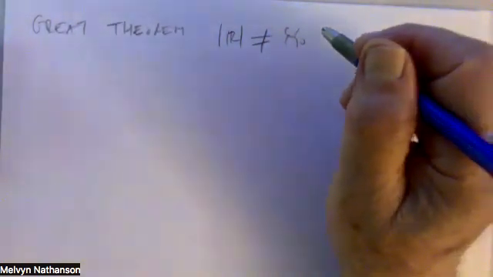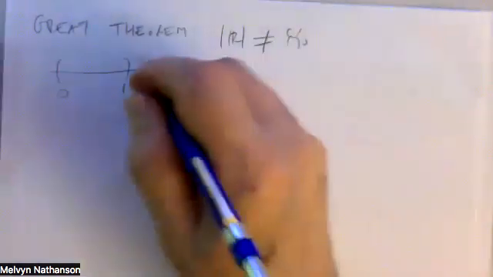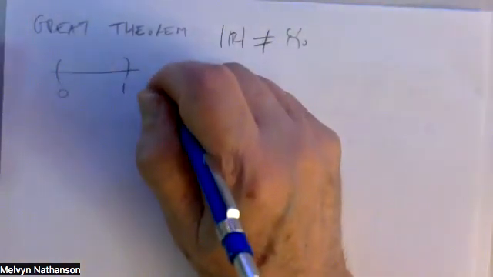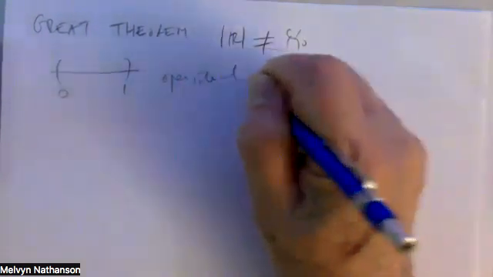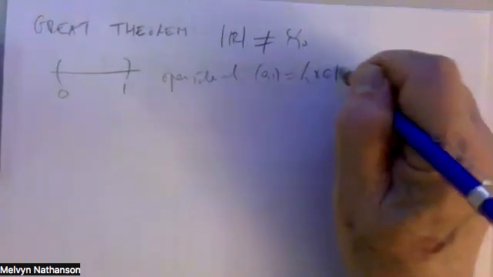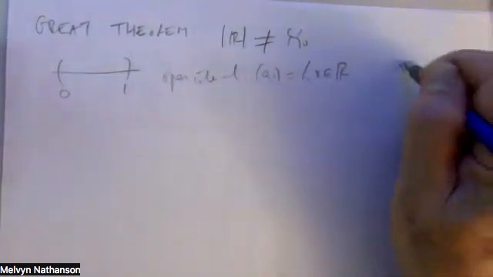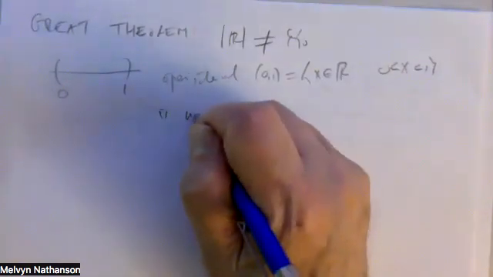The cardinality of the real numbers is not Aleph naught. In fact, if we just take the interval from 0 to 1, which is all real numbers x strictly between 0 and 1, it is not countable.